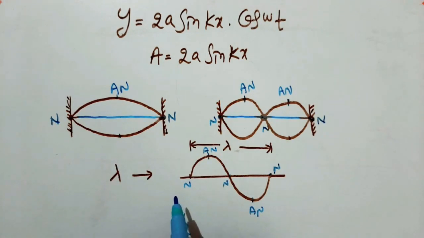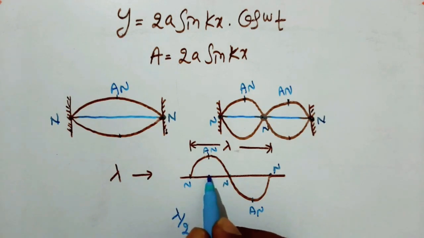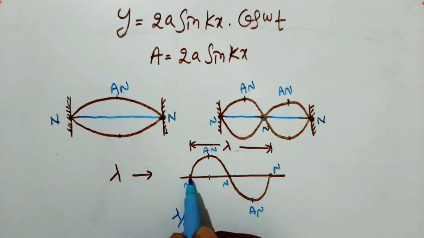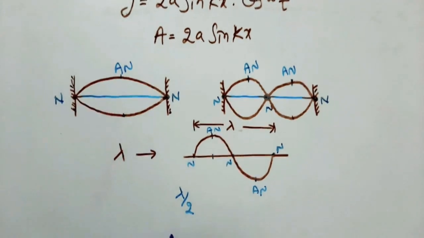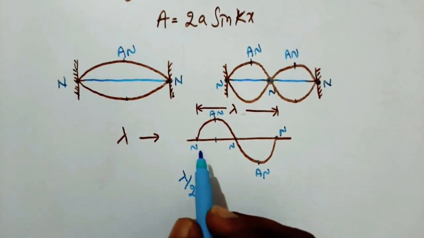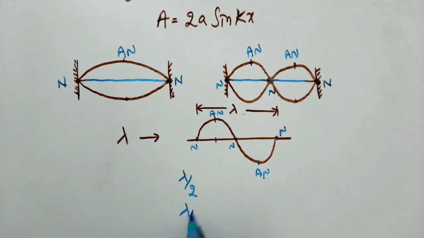The distance between a successive node and antinode is how much? That is lambda by 4. So here to here it is lambda, here to here lambda by 2, here to here lambda by 4. So the distance between a successive node and antinode is lambda by 4.